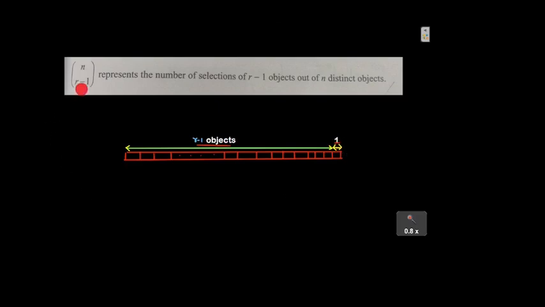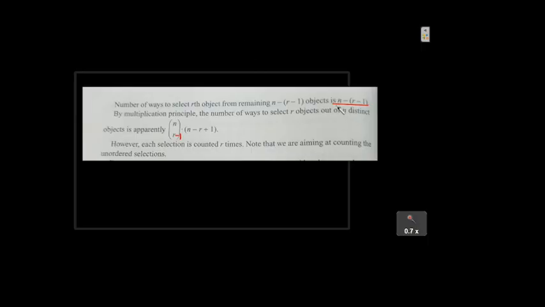Selecting r minus 1 objects out of n objects is n choose r minus 1, and the remaining one object we can select in n minus r plus 1 ways. So the number of ways we can select the objects is n choose r minus 1 times n minus r plus 1, but there is a catch here.